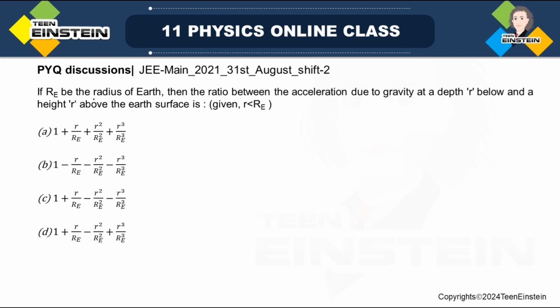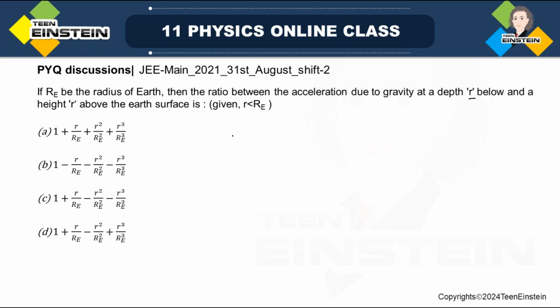So this problem is also very simple. Let us read the problem. The problem says RE is the radius of the earth, then find the ratio between the acceleration due to gravity at depth small r below and height r above the earth's surface.